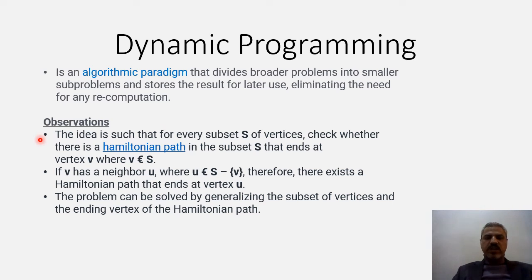Number 1, the idea is such that for every subset S of vertices, check whether there is a Hamiltonian path in the subset S that ends at vertex V, where V belongs to S. 2, if V has a neighbor U where U belongs to S minus V, then there exists a Hamiltonian path that ends at vertex U. Finally, the problem can be solved by generalizing the subset of vertices and the ending vertex of the Hamilton path.